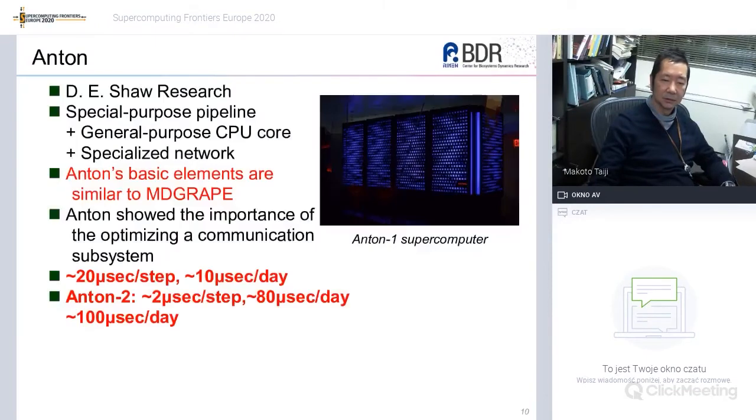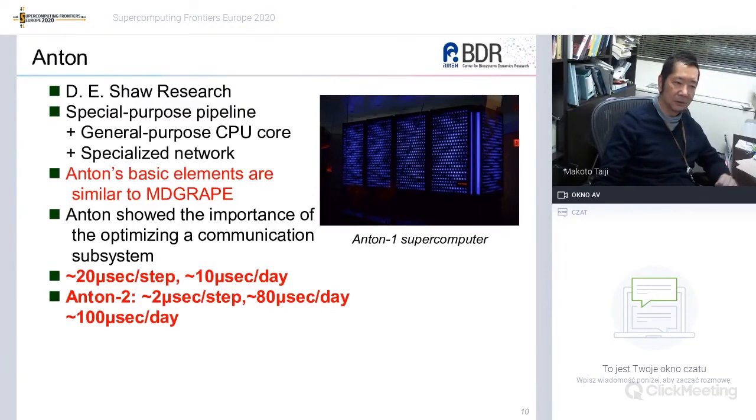But as you may know about the Anton systems, they developed a very fast specialized machine for molecular dynamics simulations. They developed an SoC, System-on-Chip, with a specialized purpose pipeline, general purpose CPU cores, and a specialized network.